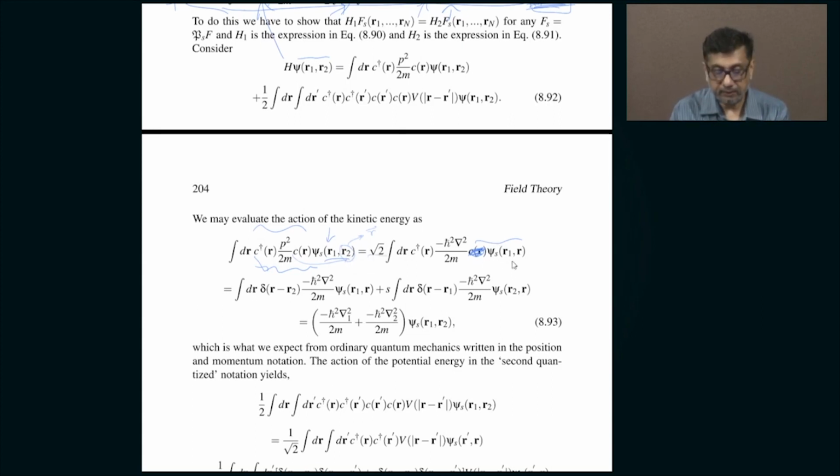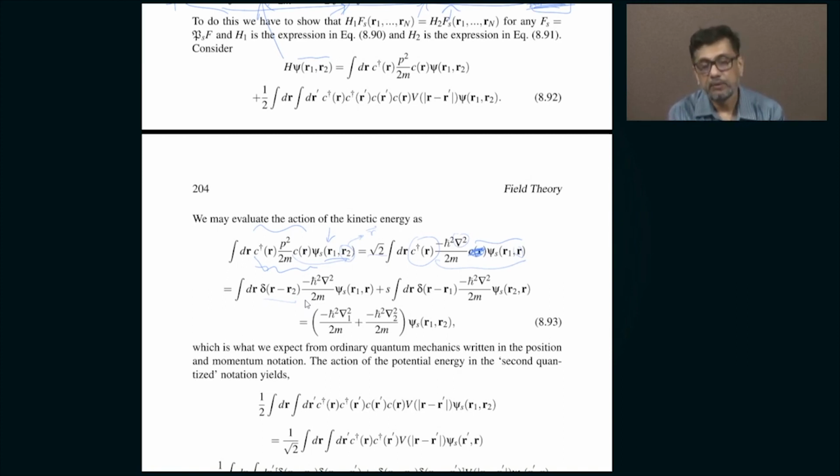Then I have to differentiate with respect to R, but that R is sitting here. So be it, I differentiate with respect to R, imagine that is done. But having done this, I now have to create a particle at R. How do I create a particle? I first multiply by a delta function at R. So, that means I have to create a particle.